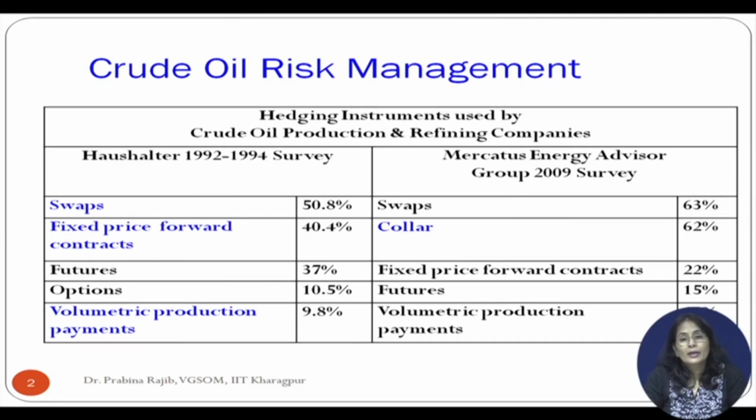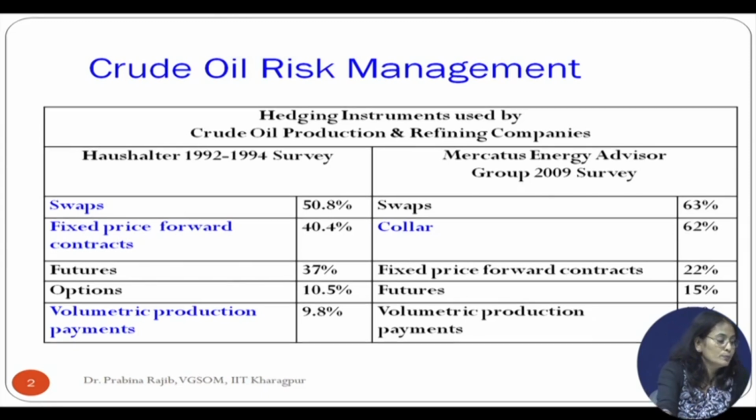So 50.8% and 63% of companies use swaps, and also the ATF hedging information survey given by the Marketers Energy Group indicated that swaps are one of the most common methods of managing aviation turbine fuel risk.